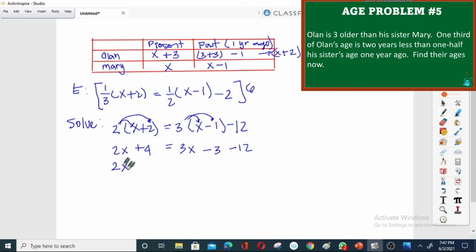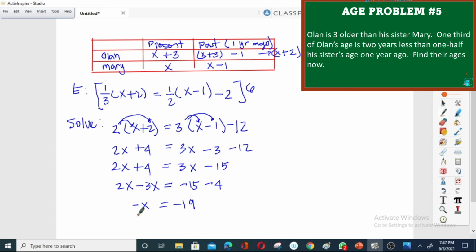Combine similar terms: 2x plus 4 is equal to 3x minus 15. And then 2x minus 3x, transpose 3x to the left, it will become negative x, and negative 15 minus 4 is negative 19. So negative x is equal to negative 19.